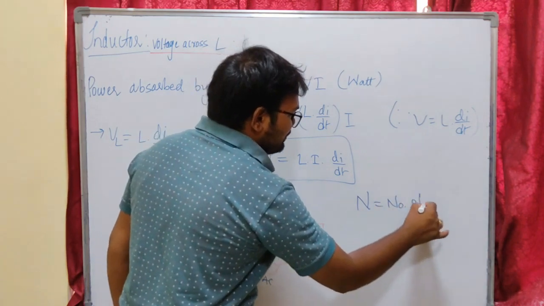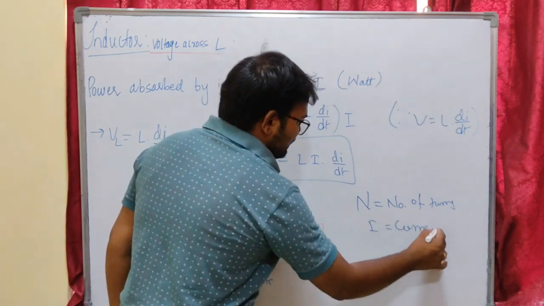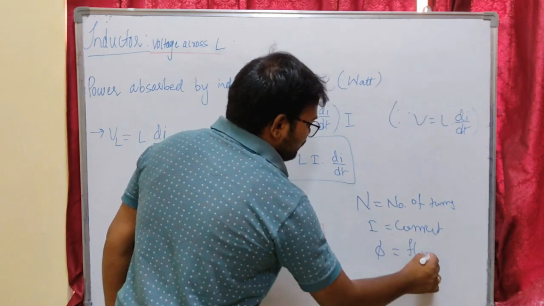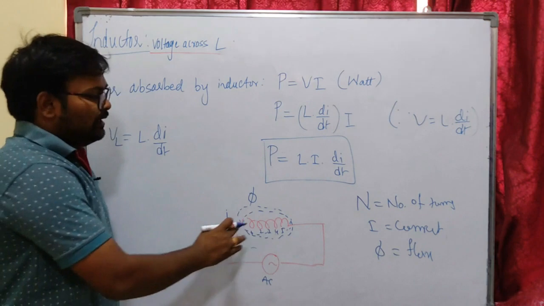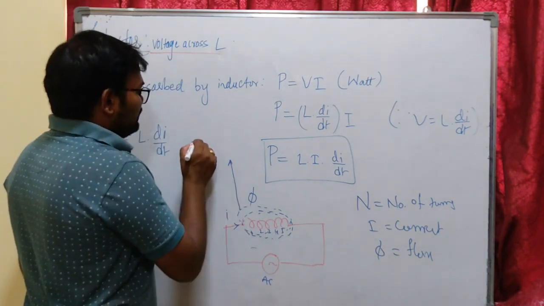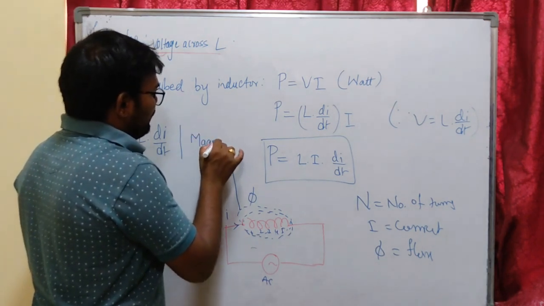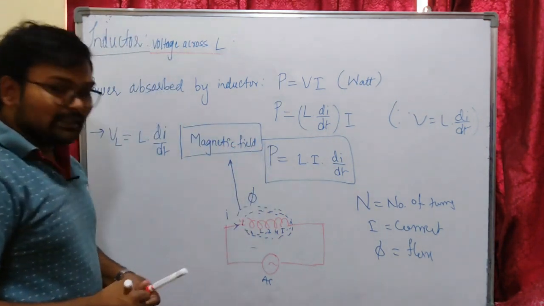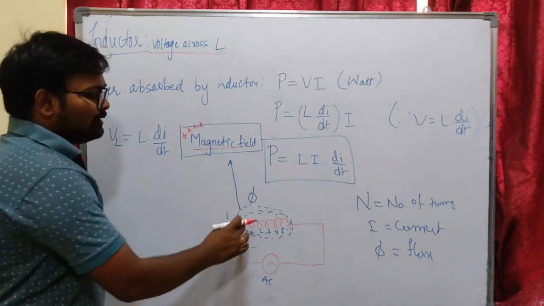I is the current through the inductor and phi is the flux. If you pass some AC current through the conductors, some flux will be induced, and this magnetic flux will store energy in the form of magnetic field. This is important.